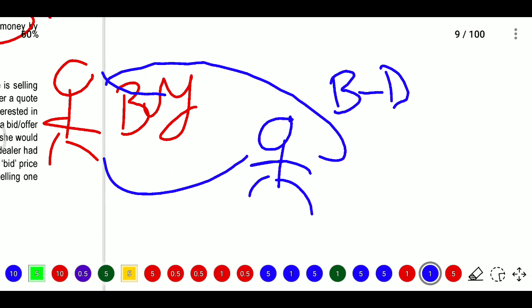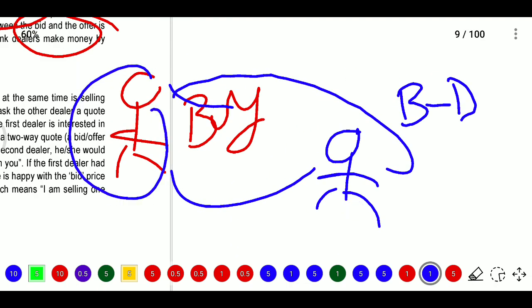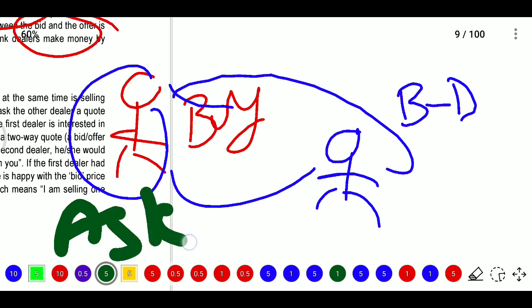When the first dealer is happy with the ask price given by the second dealer, he or she conveys "one mine", which means I am buying $1 million from you.